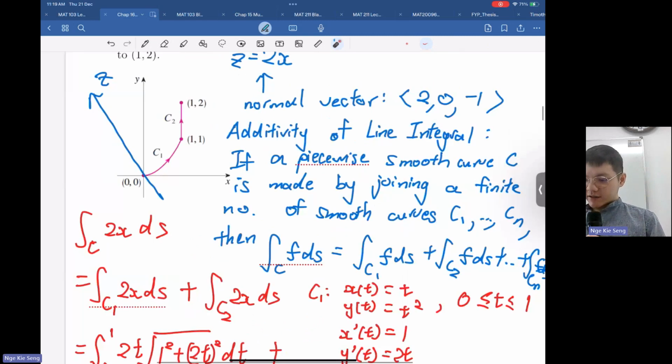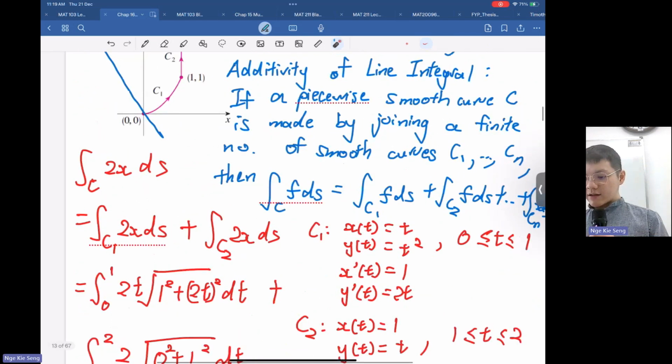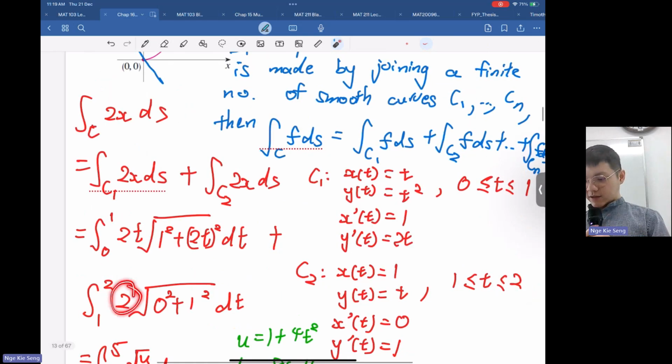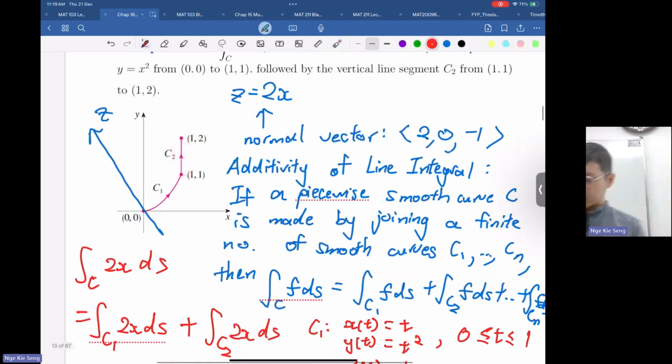Compute this part, actually. There's another way to compute this integral. Just now when you substitute, I told you that the 2x over this line is a constant function 2.